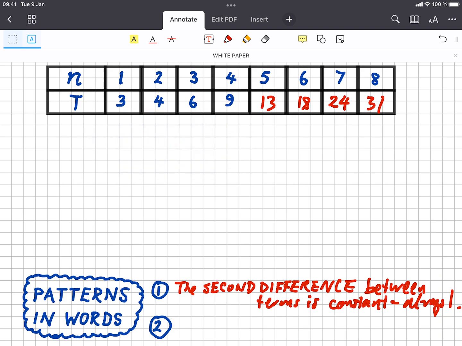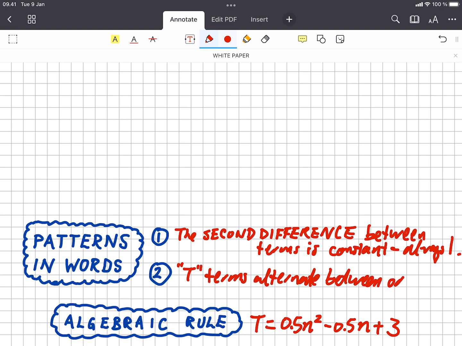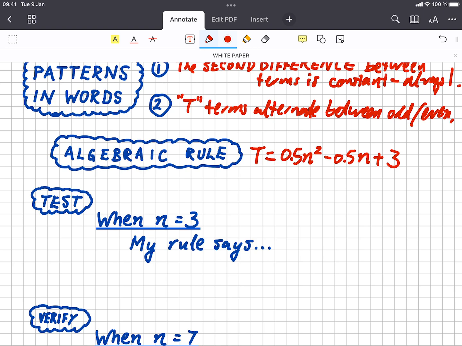And they're alternating between odd and even, so I could write: terms alternate between odd and even.